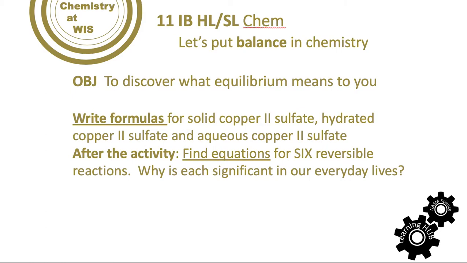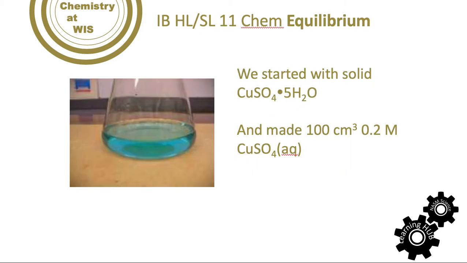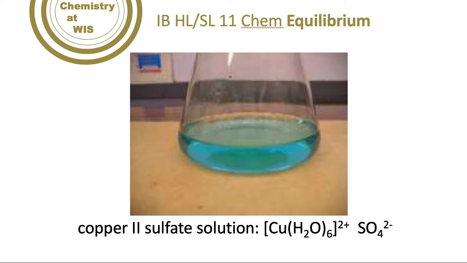And we're going to start with hydrated copper sulfate, and we're going to dissolve that in water to make a 0.2 molar solution. And we've got a formula here, and it shows 6 water molecules.